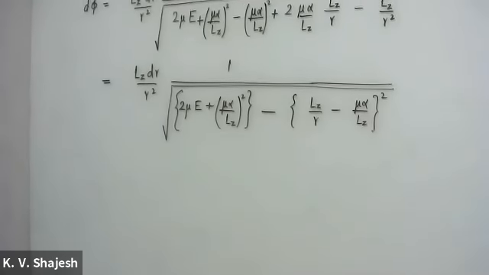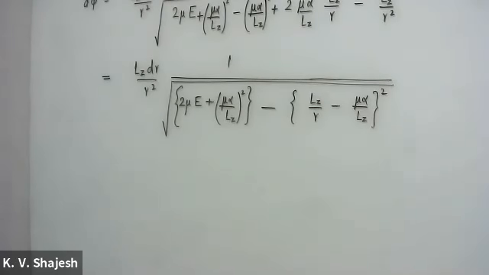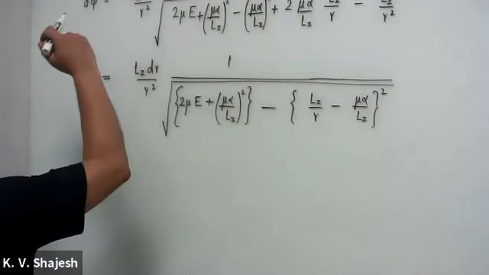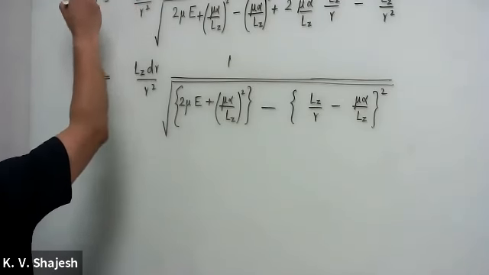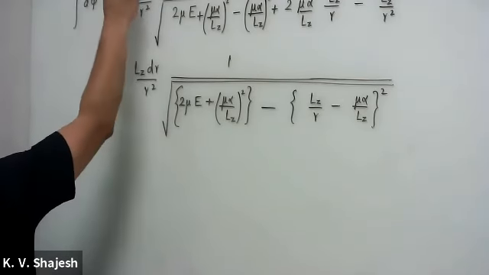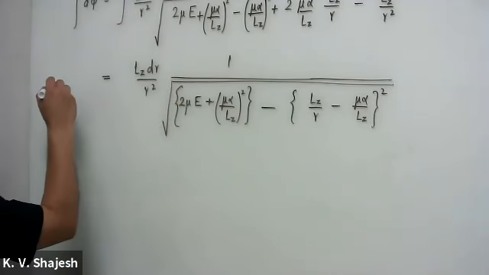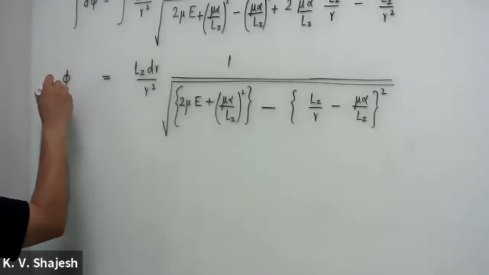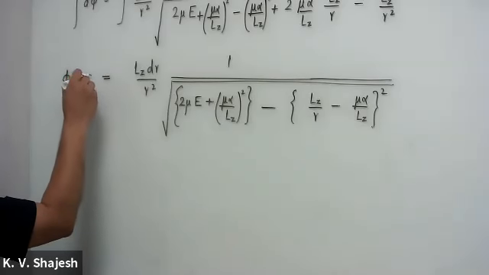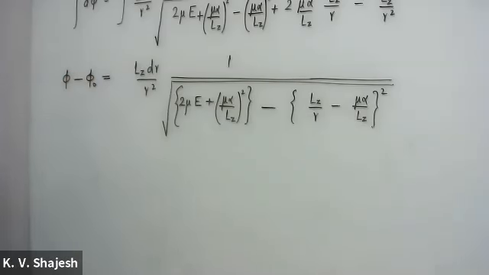So we have to integrate this. When I integrate as an indefinite integral, there will be a constant. So let me call that integration constant minus phi naught. That's just an integration constant.